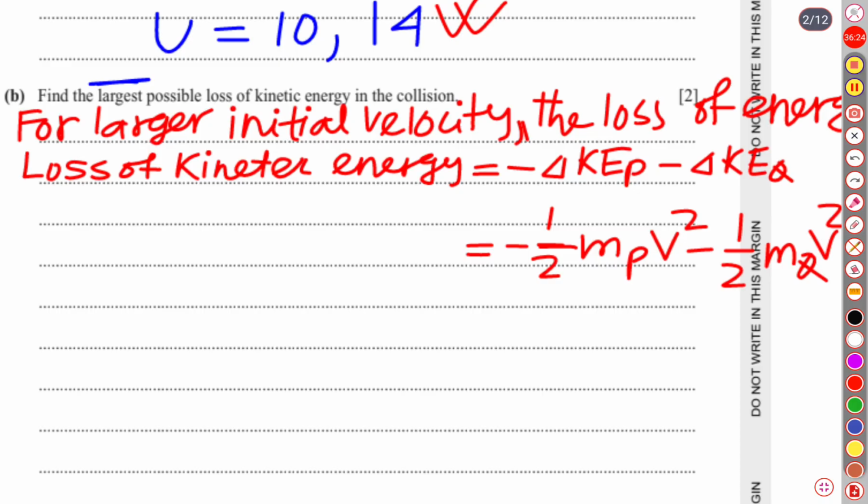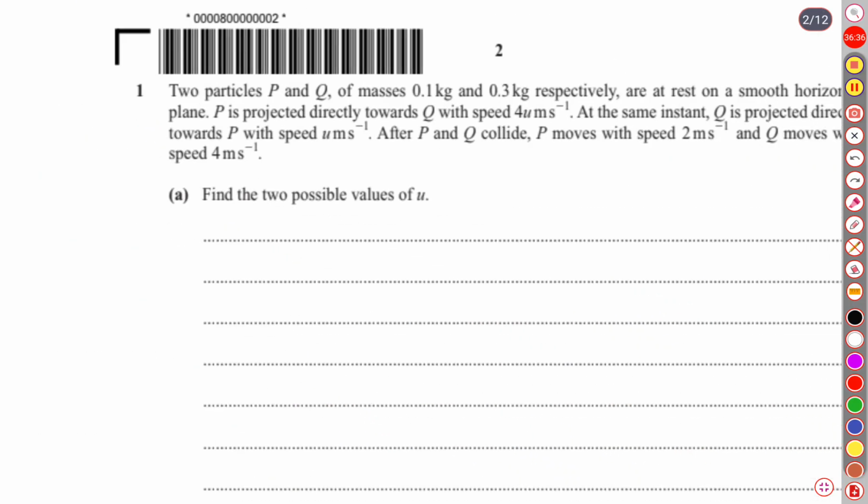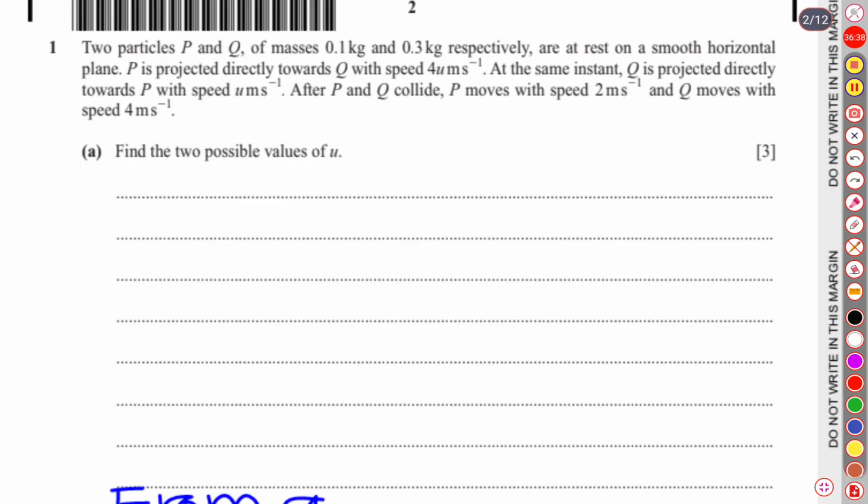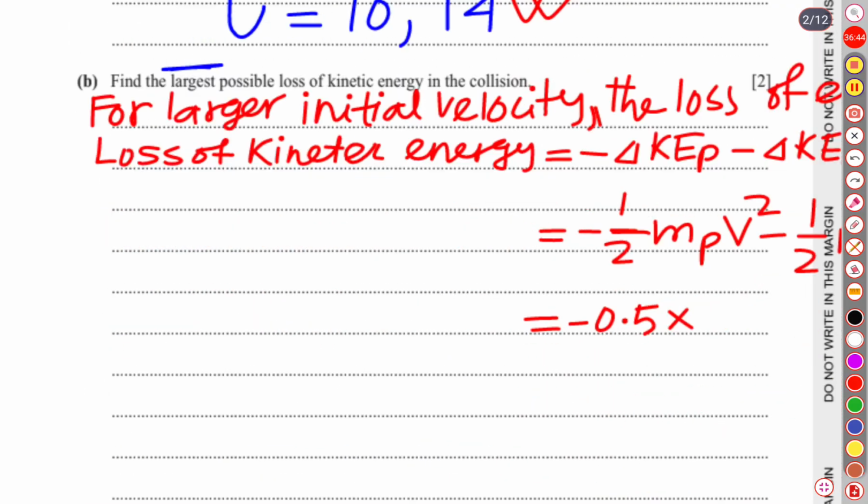So let us substitute the values. It is negative 0.5, and the mass of particle P, as we already know, was 0.1. One was 0.1, another one was 0.3.